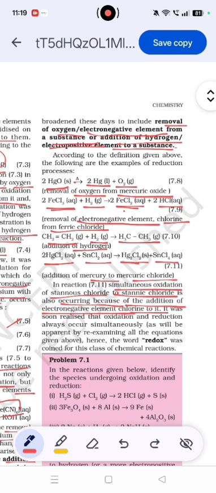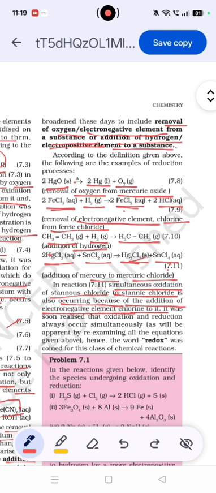Okay, when electronegative element chlorine is added, SnCl2 becomes SnCl4. So addition of electronegative element is called oxidation. Then here HgCl2 becomes Hg2Cl2. One mercury is added. So addition of electropositive element is an example for reduction.